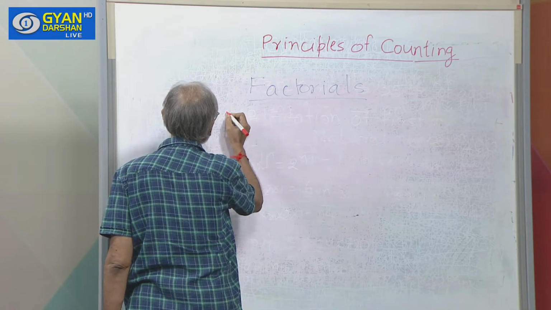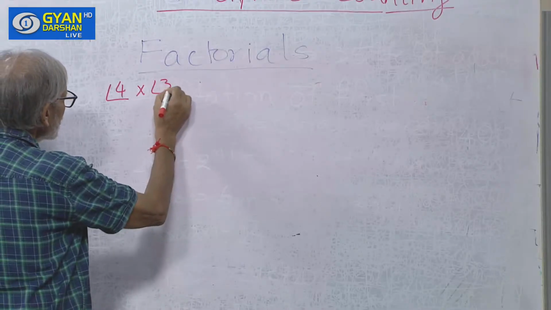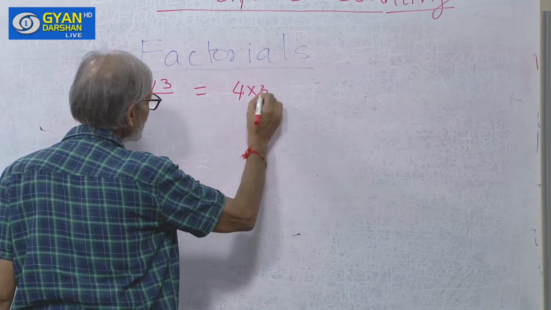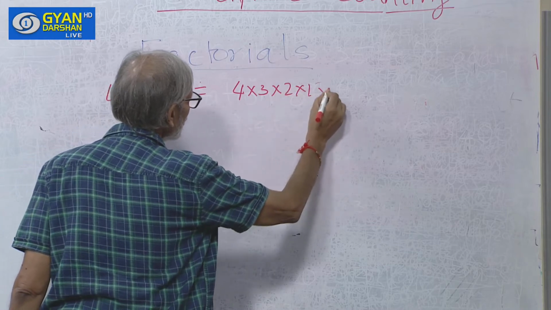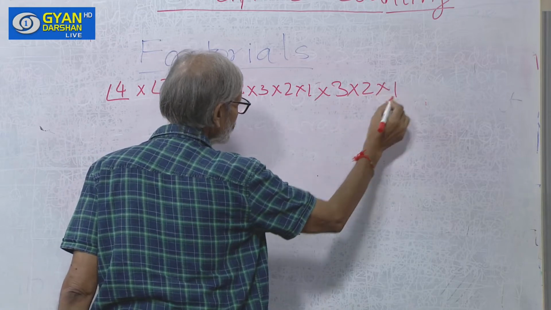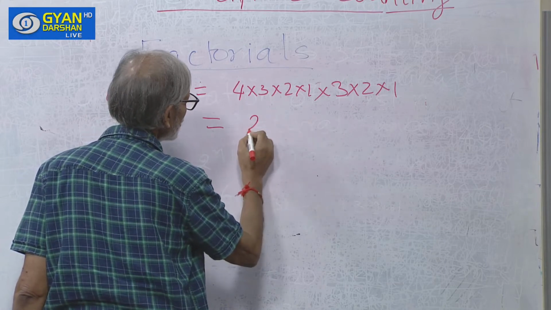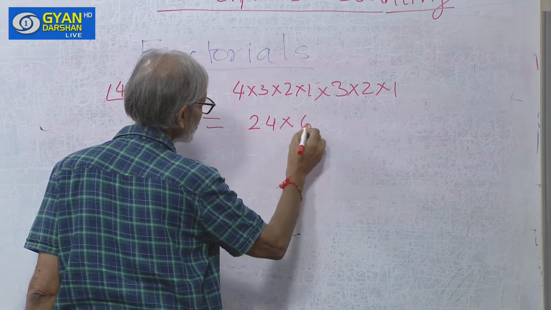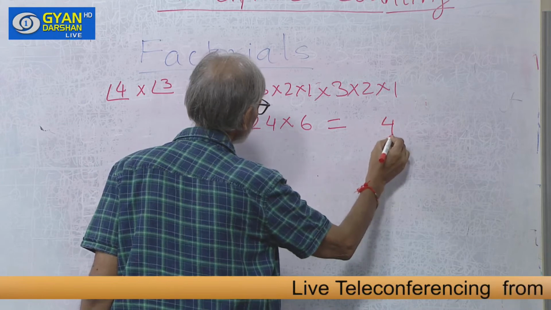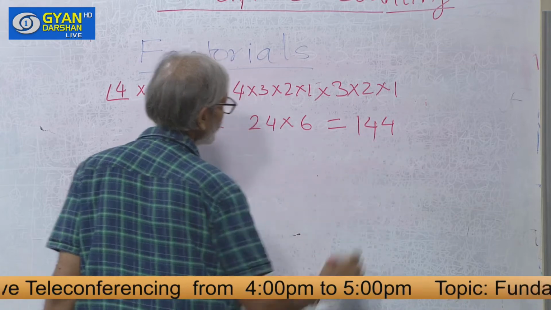Suppose somewhere comes factorial 4 into factorial 3, it is very simple. We write this as 4 into 3 into 2 into 1 multiplied by factorial 3, 3 into 2 into 1, simple multiplication. So, 24 into 6 will come 144.